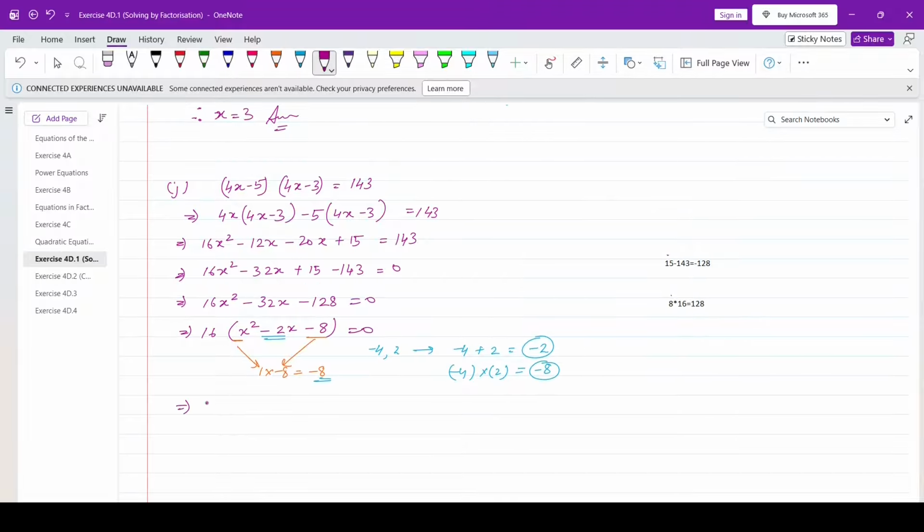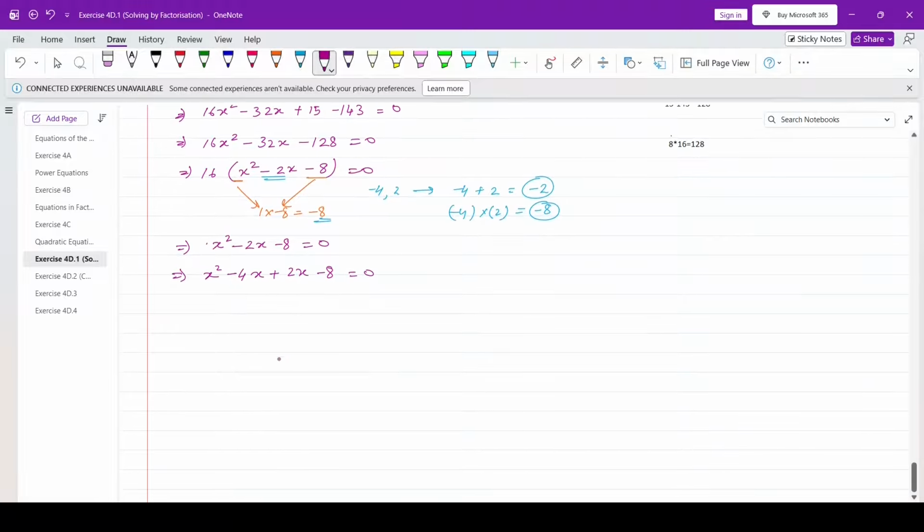So we can say this 16 can go on the right hand side and divide 0, and this whole equation will be x square minus 2x minus 8 is equal to 0. Hence we can rewrite this equation x square minus 4x plus 2x minus 8 is equal to 0. Taking x common, x into x minus 4 plus 2 into x minus 4.